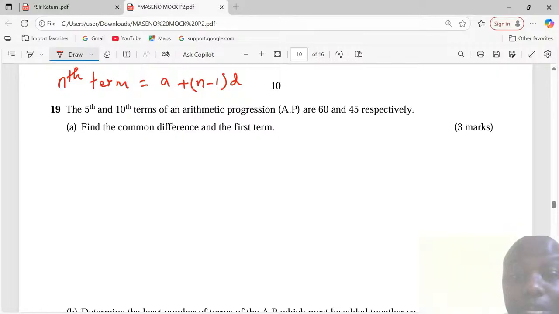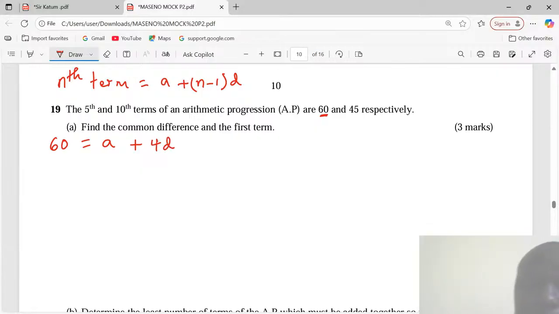So when we talk about the 5th term, which is 60, it is given by the first term plus, because it is the 5th term, n is 5 minus 1, then multiplied by d.